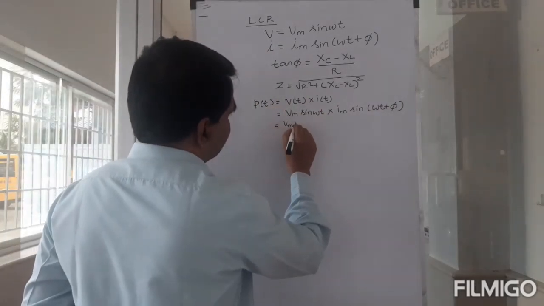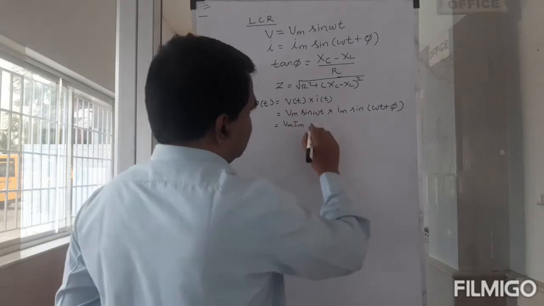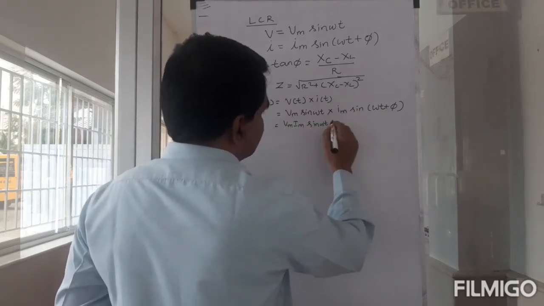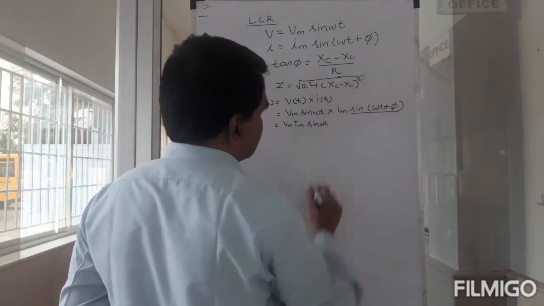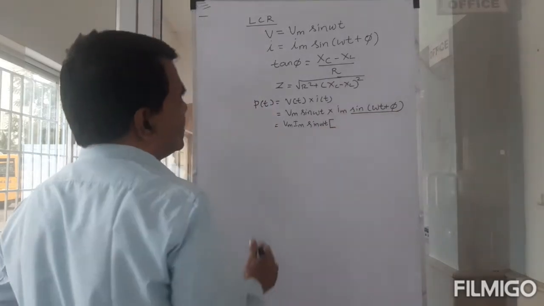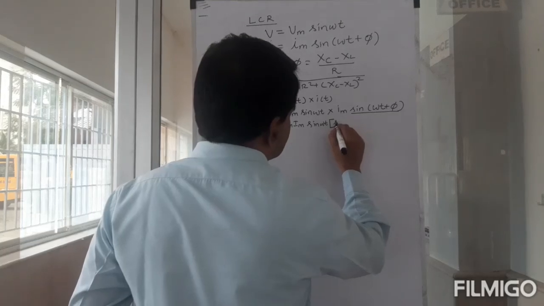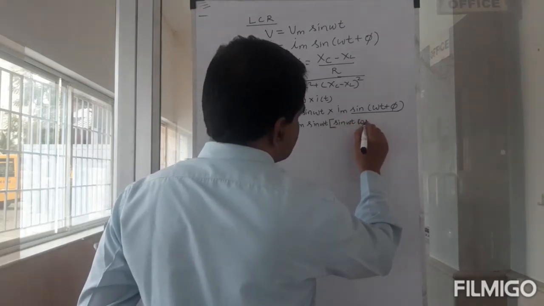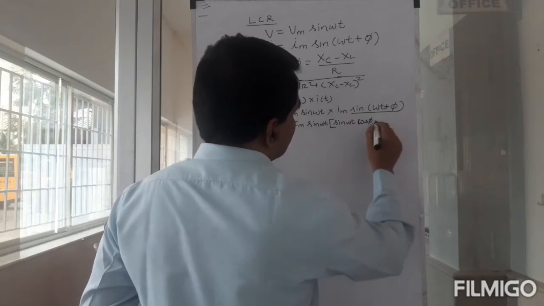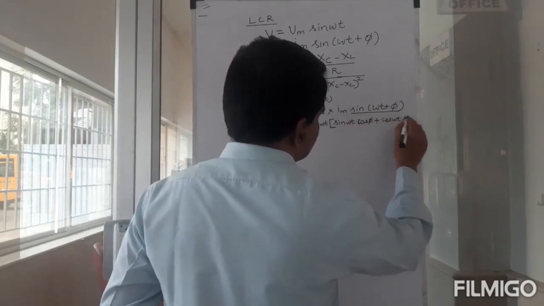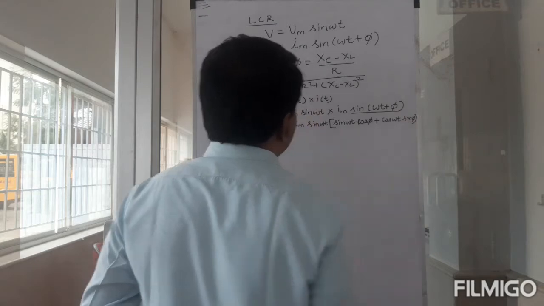Vm Im sine omega t times sine (omega t plus phi). I'm going to expand it, sine (a plus b). So this is going to be sine omega t into cos phi plus cos omega t into sine phi.